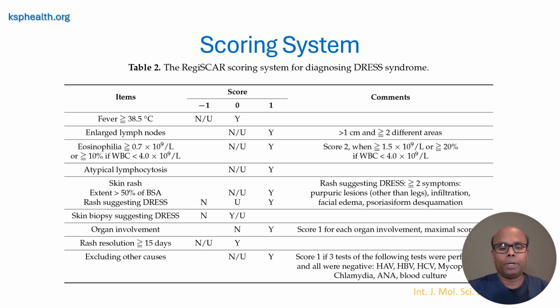Rash resolution takes more than 2 weeks. Make sure these patients do not have other diseases like hepatitis viruses, mycoplasma, chlamydia, and antinuclear antibody, and draw blood cultures to make sure no other bacterial agents are involved. One can use the RegiSCAR scoring system for diagnosing DRESS syndrome.